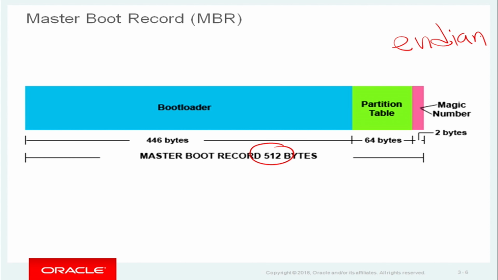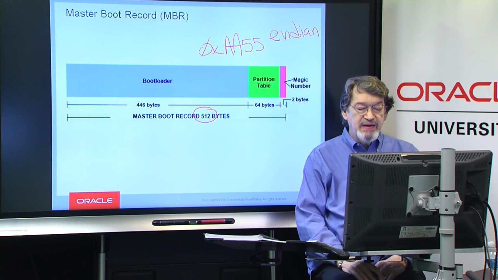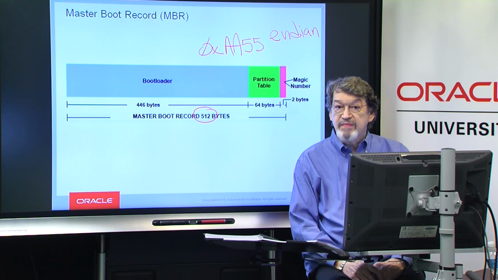It has to do with the low order bits of the low order byte. There is a big endian, and there is a little endian. With Intel-based machines, this last 2 bytes in hexadecimal is AA55.